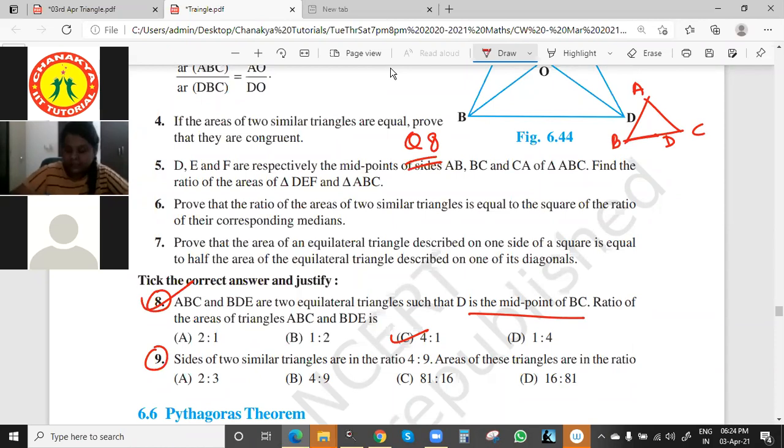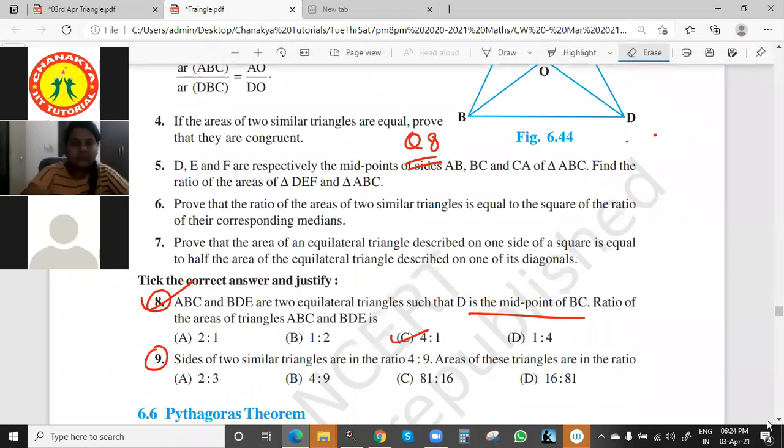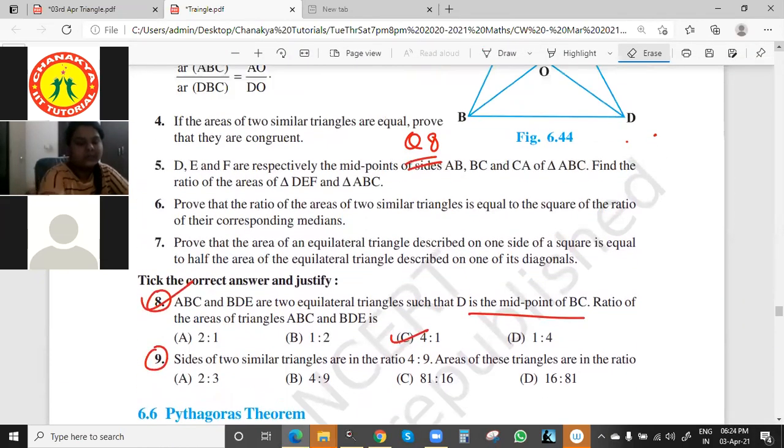So we can say this one side we know, so we can say this as A. Let me draw the diagram first. We can say this is triangle ABC, and this point is the midpoint of BC.